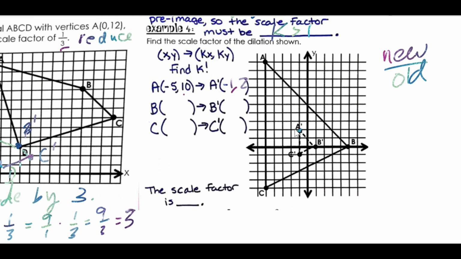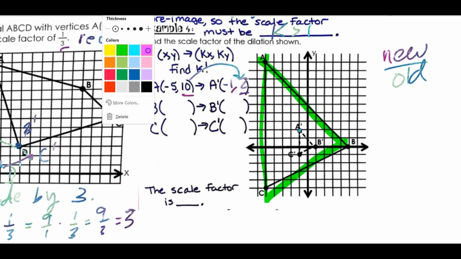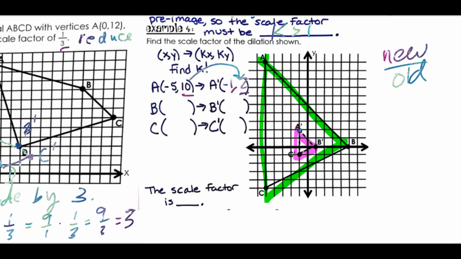So if I look at 10, the y of the A and the y of the A prime, how does 10 become 2? Well, I'm definitely not multiplying by a number greater than 1, because this image went from here and then it went to here. So it got smaller. So I'm definitely not multiplying by something greater than 1.